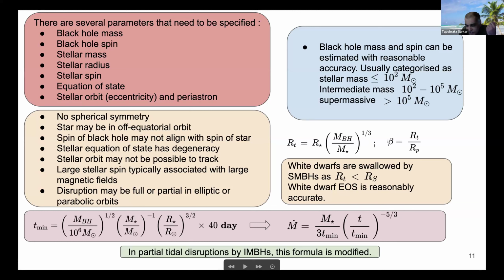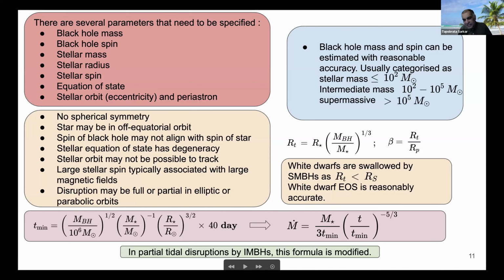And there is something called the impact factor, which is the tidal radius divided by the radius of the periastron position, that is the closest distance of approach. Typically, the tidal radius should be greater than the periastron if the star has to be disrupted fully.